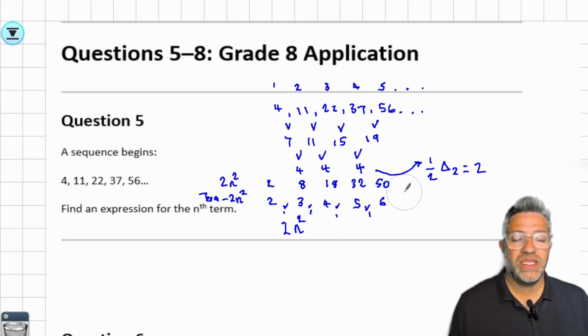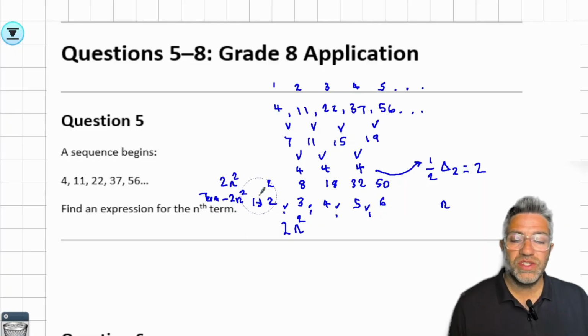Straight away, we can see this time we do have a common difference. So to generate this sequence, it will be a linear n term. The common difference is 1. I could put a 1 in front of the n, but I'm sure at this stage you know we don't have to. When the coefficient is 1, we can just write n. I put my common difference at the front, and I simply ask myself, how do I get from my common difference, which in this case is 1, to the first term, which in this case is 2?